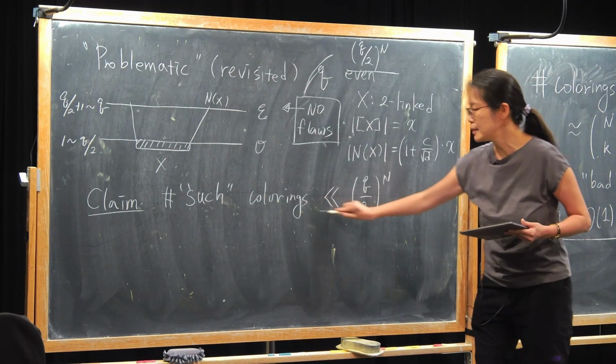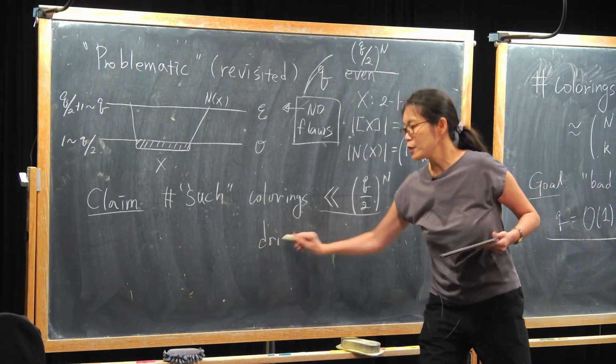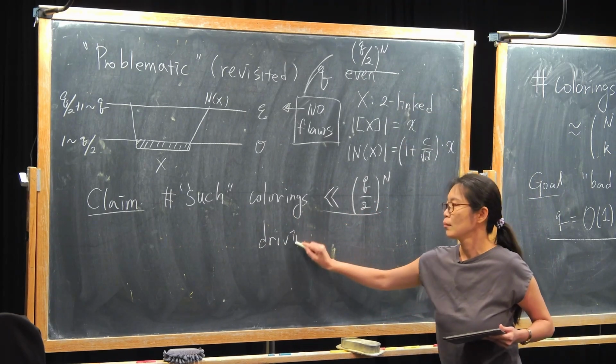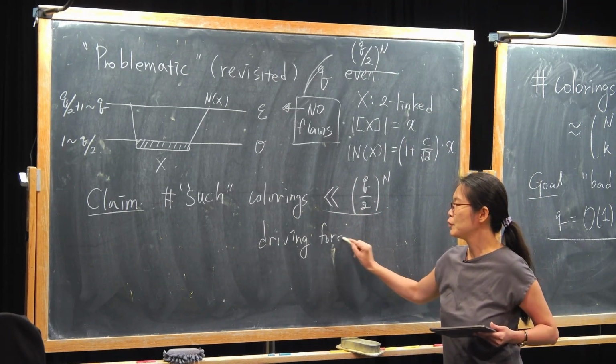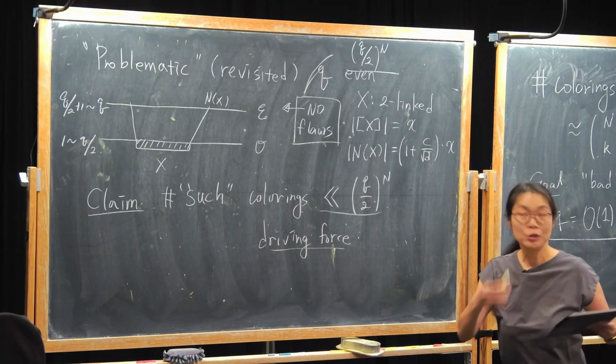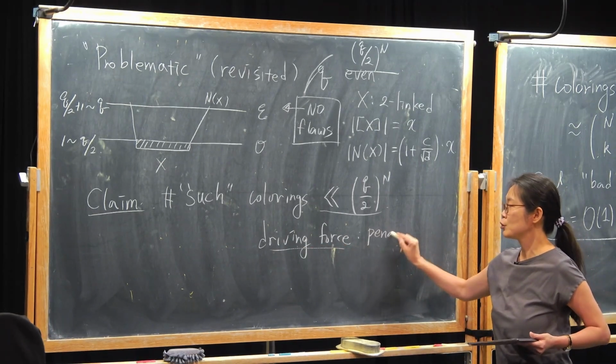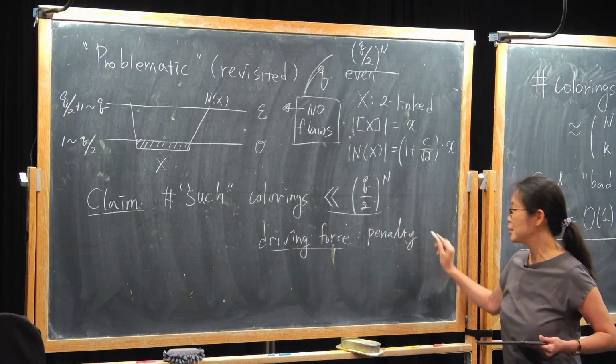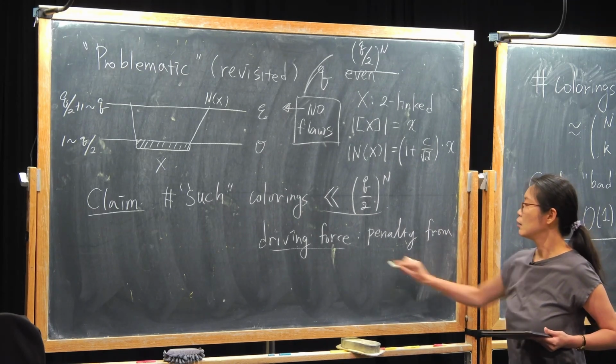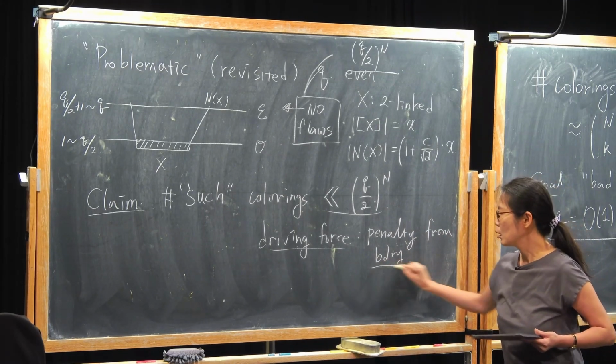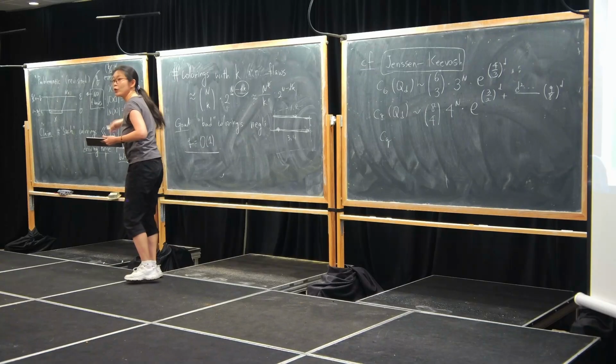And to show this, our driving force will be, as usual, the penalty from the boundary. So we have to take advantage of the penalty from the boundary. Are we OK with the meaning of the word boundary?